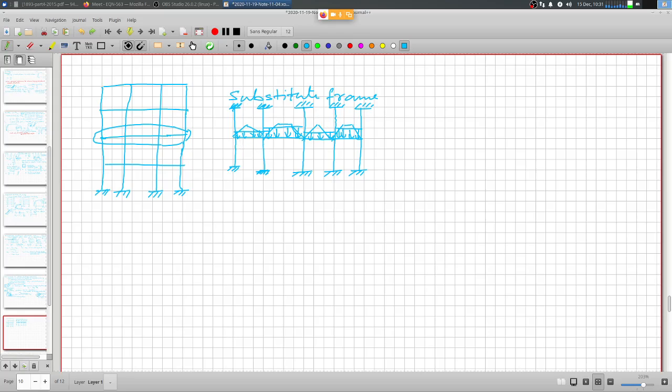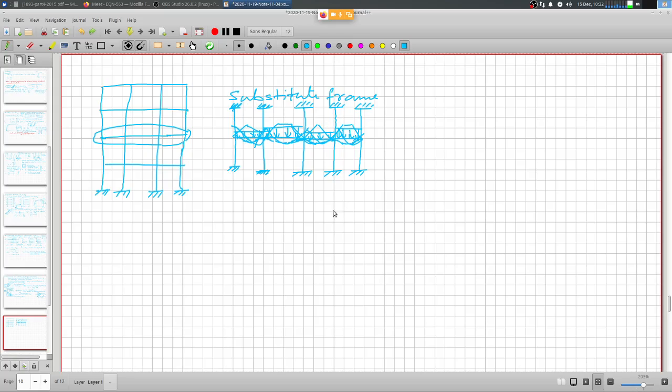For example, in this particular form, the deflected shape might as well be something of this kind, and that might be also similar to the bending moment. Bending moment might be somewhat like this. Right?